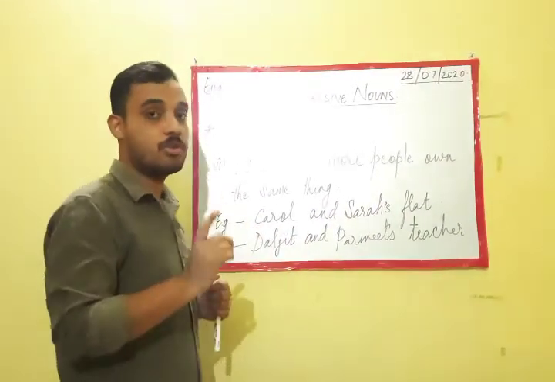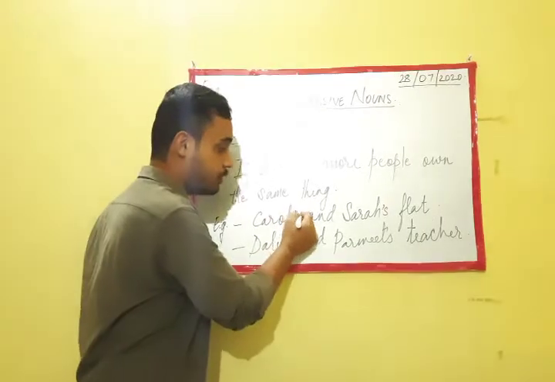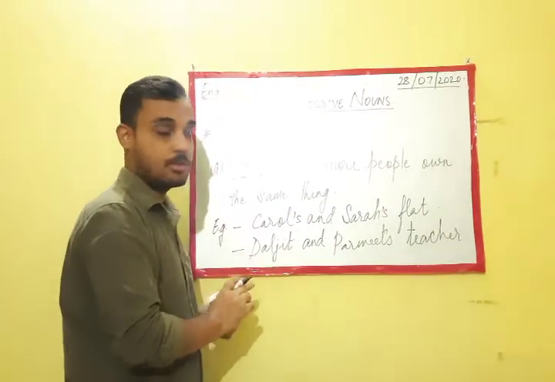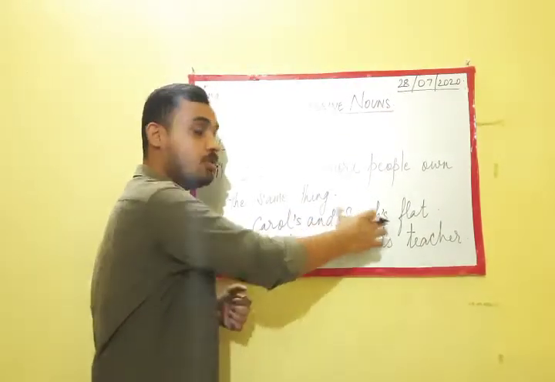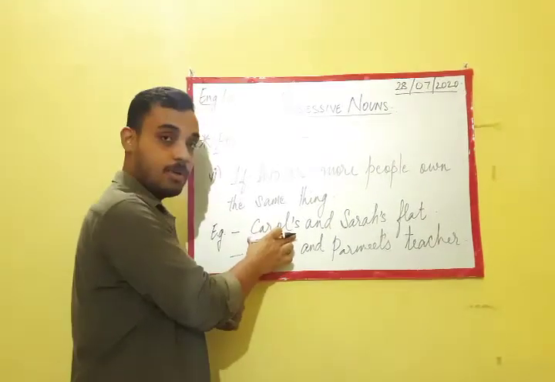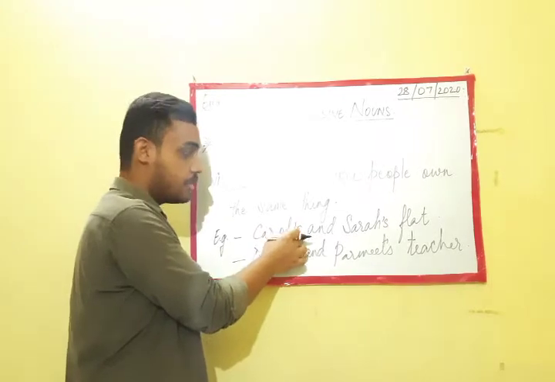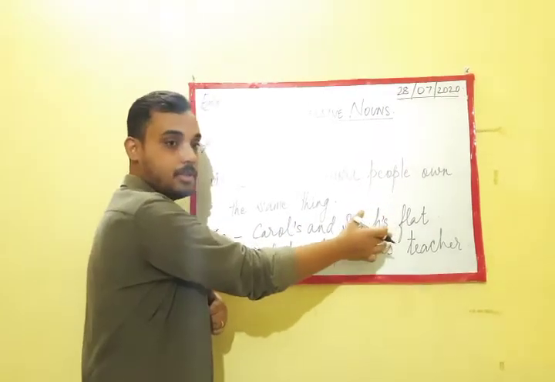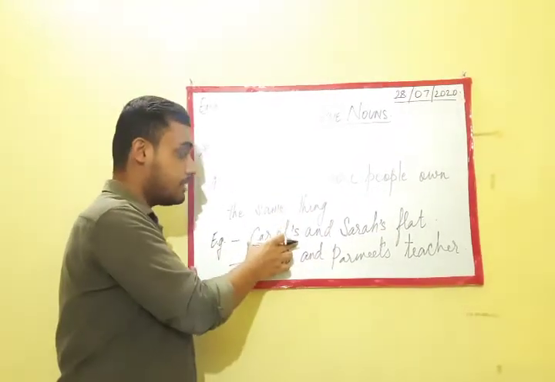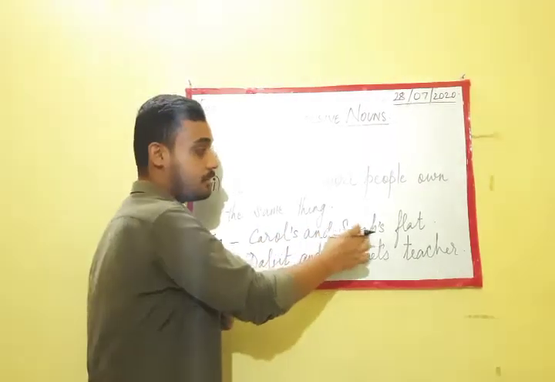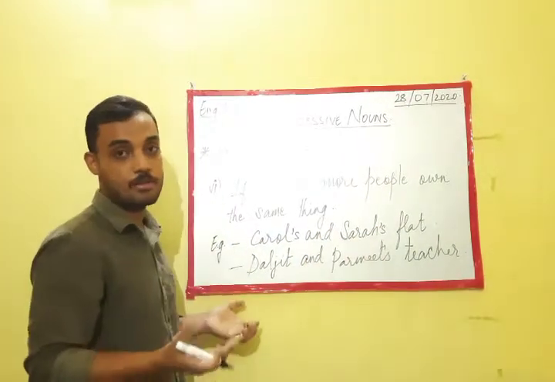So we are not going to write apostrophe s with both the names. Otherwise, if I write Carol's and Sarah's flat, that sentence is wrong.